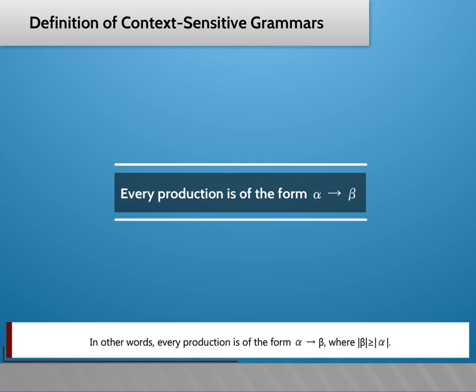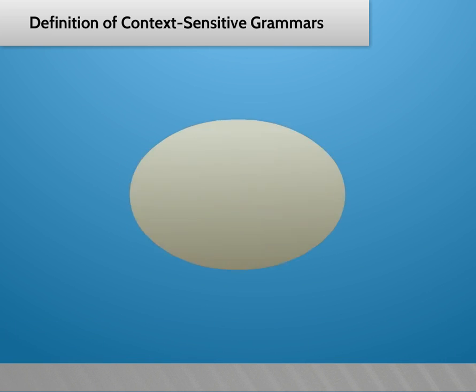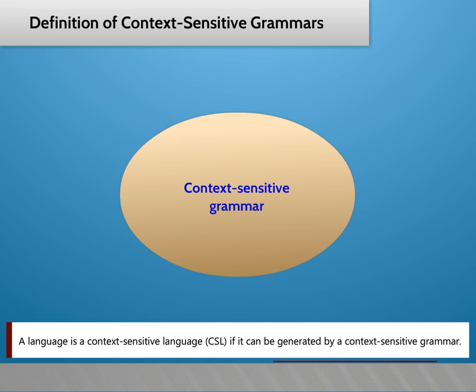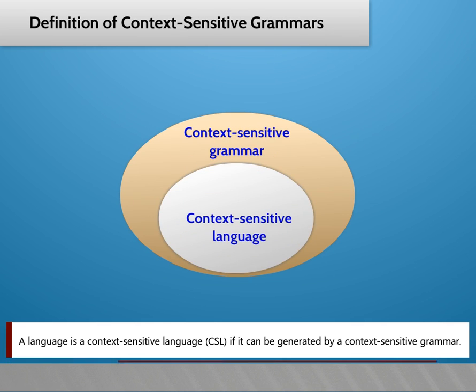In other words, every production is of the form α → β, where |β| ≥ |α|. A language is a context-sensitive language, that is CSL, if it can be generated by a context-sensitive grammar.